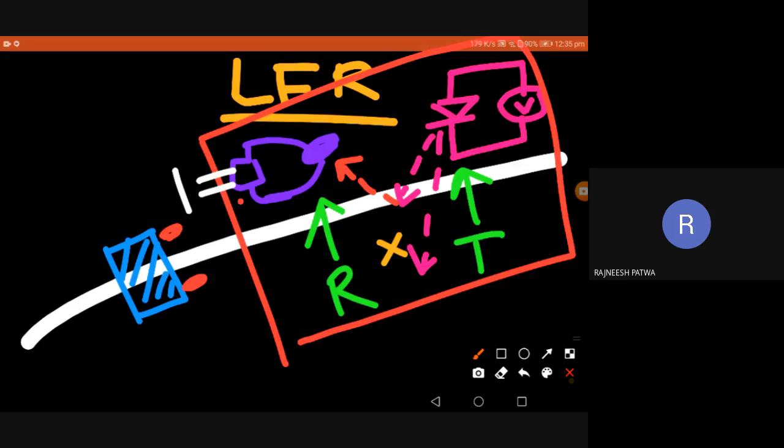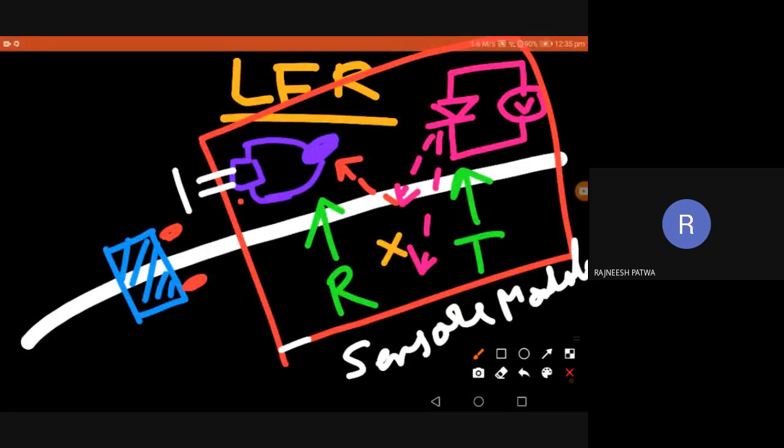Now, if we have a two sensor set: each sensor, as I have told you, is a complete sensor module. You'll get sensor modules like this in the market, IR sensor modules. This is one IR module with a transmitter and receiver, and the receiver gives high when there is reception of the radiation. If it is low, there is a black surface and there is no reception. So this is one sensor module.